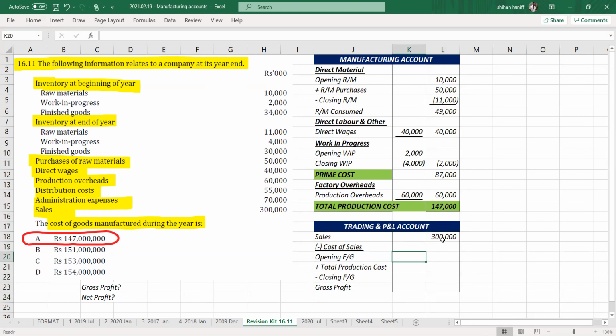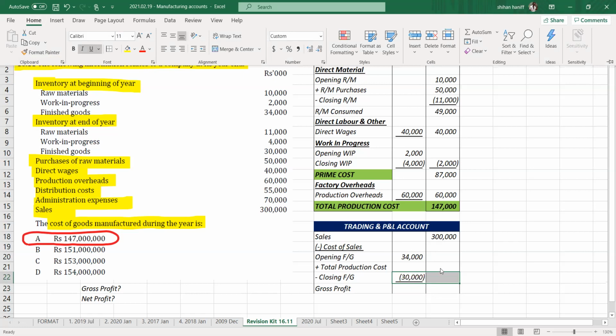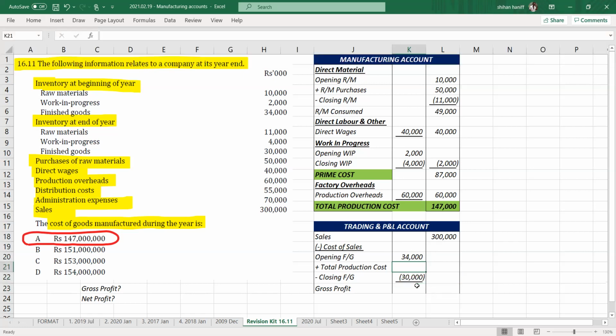Opening finished goods 34,000. Closing finished goods 30,000. It's minus. Total production cost is 147,000. We have to take this amount and cost of sales 151.